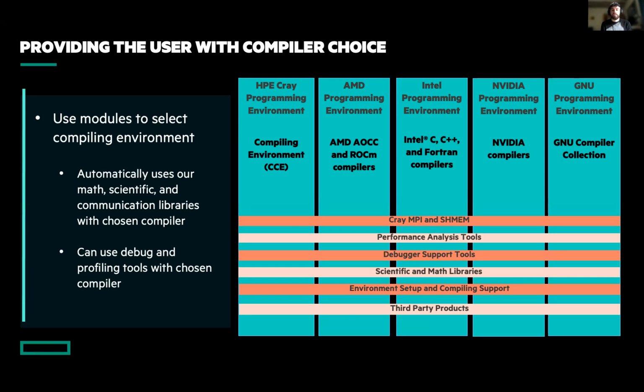So assuming you're using the CRAY compiler wrappers, these types of things are used automatically. And then you can also use our debug and profiling tools with the chosen compiler. And so it allows you quite a quick and easy way of swapping between vendor programming environments while retaining this sort of integration to the CRAY software stack.